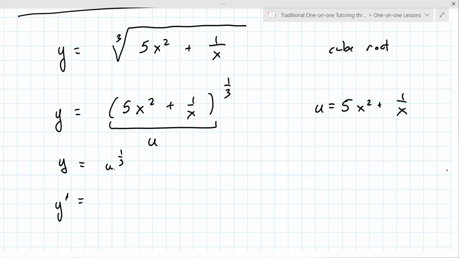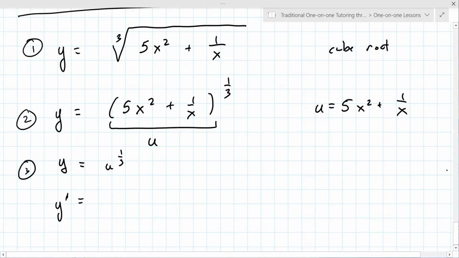So what happened after the first line? Which line? This line up here? Yes. Well, you're just rewriting it. You're rewriting cube as 1/3. And what happened to the cube? The cube becomes the 1/3. I mean the square root. It's not a square root, it's a cube root.